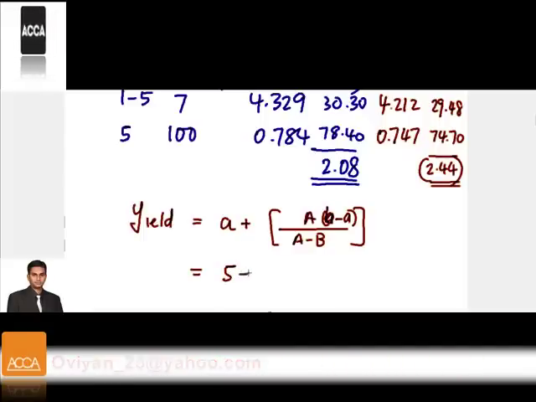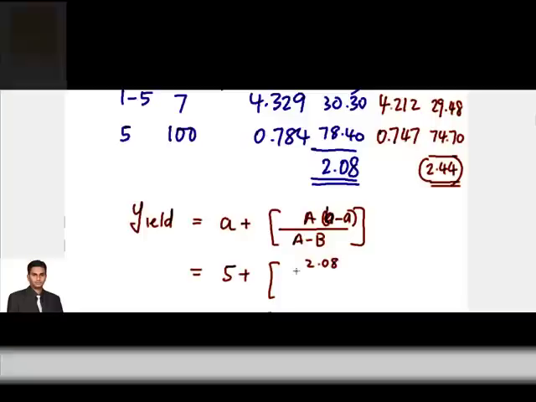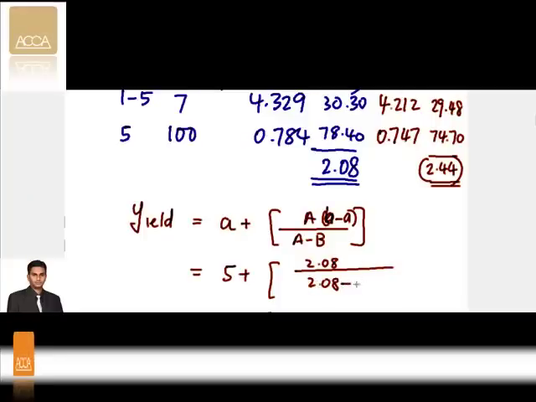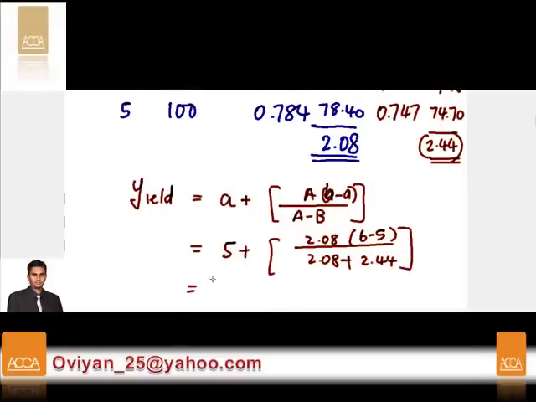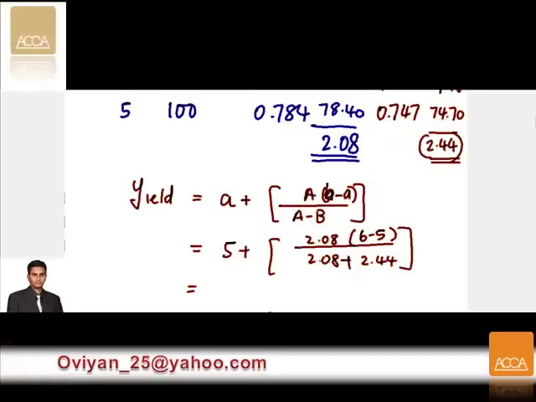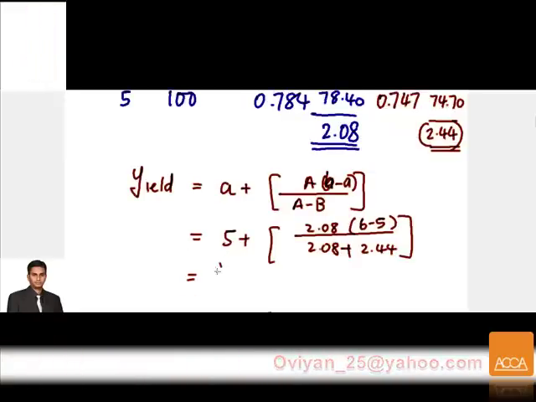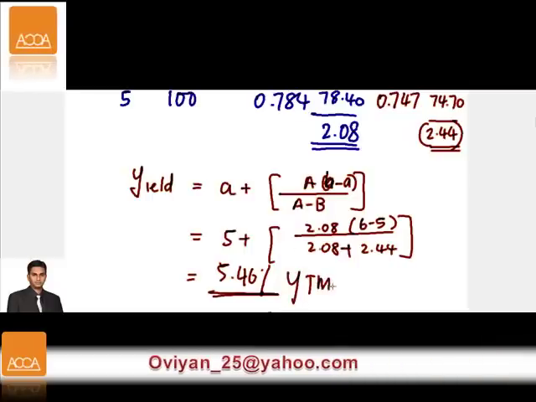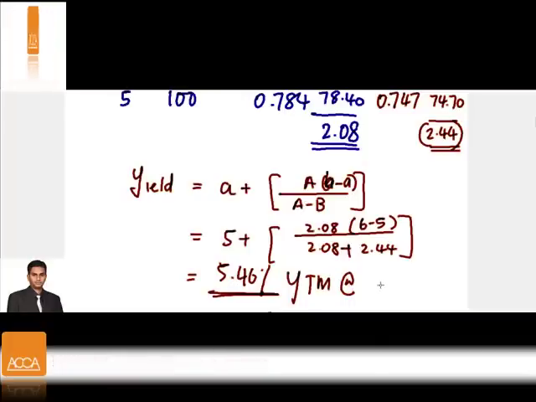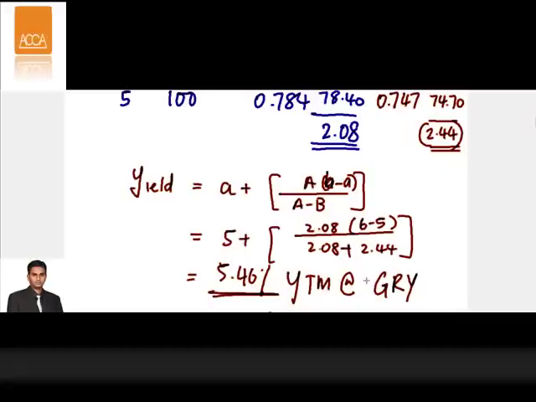Small a is the lower rate, so 5 plus 2.08 over 2.08 plus 2.44, since minus minus becomes plus, times 6 minus 5. You should get 5.46%. That is the yield to maturity, also known as gross redemption yield.